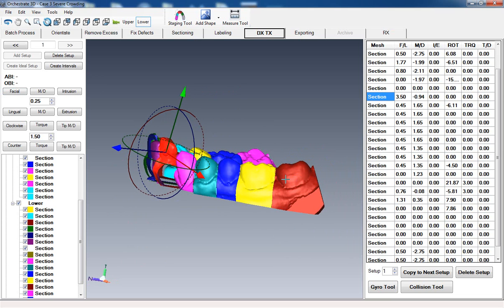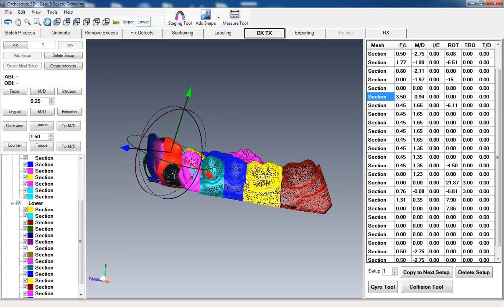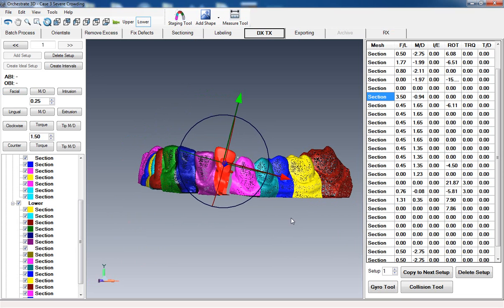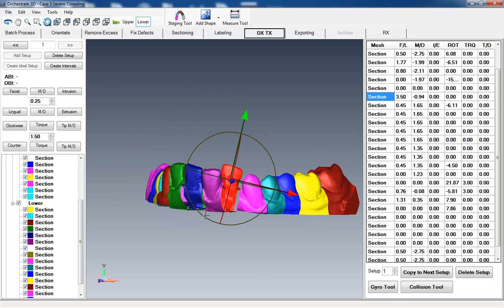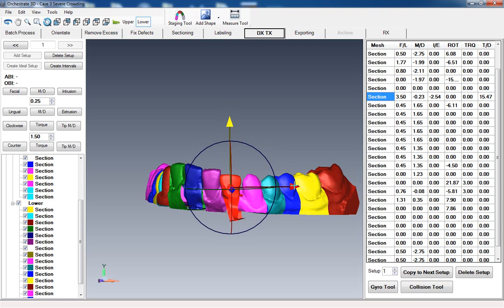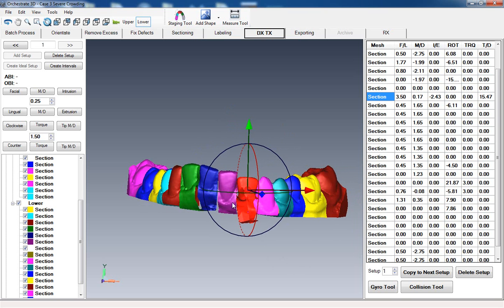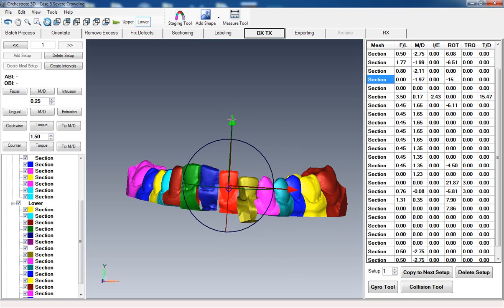Now we're going to snap around in the facial, start here on one side, and rotate our way around. Obviously we can see that this lateral here needs a lot of tipping as well as a lot of intrusion. I'm going to intrude and bring this distal just a little bit. Now this central here needs a lot of intrusion as well.